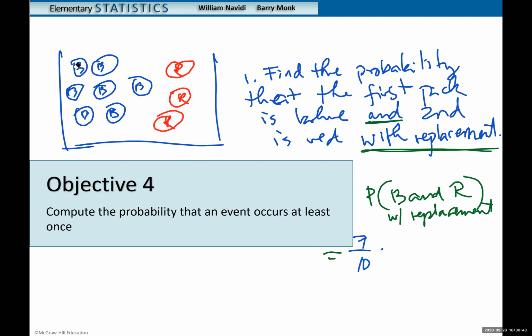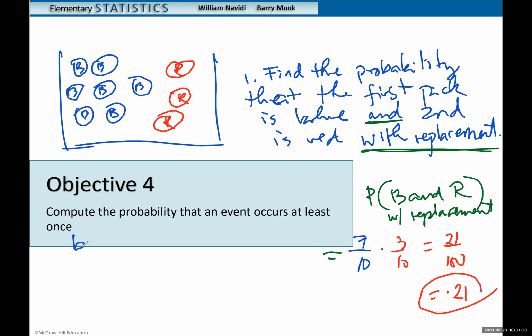Next you need to pick a red marble. What is the probability that it is going to be a red? 3 out of 10, yes. Just multiply across, 7 times 3. So this is equal to 0.21.